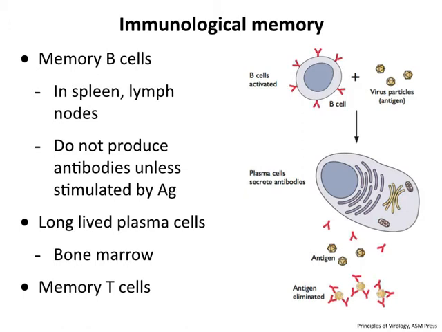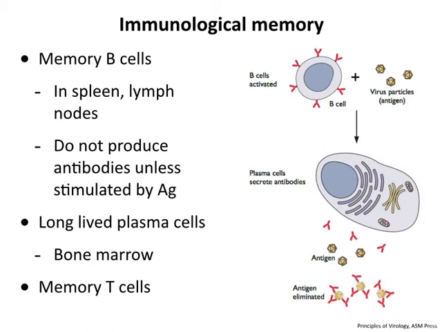And these can live a long time in our spleen and lymph nodes. And then when you encounter antigen again, when you are infected, these B cells will be stimulated to produce antibodies very quickly because they don't have to go through all the class switching and somatic mutation and affinity selection mechanisms that would have to occur in the lymph node.